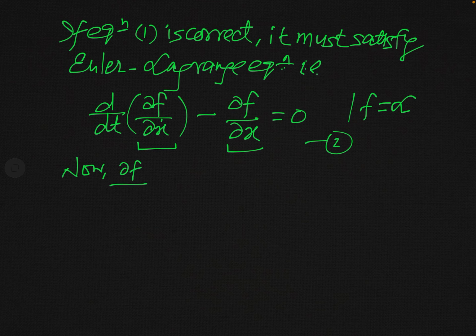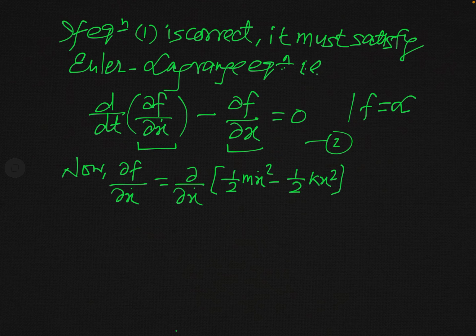Del f by del x dot: f is simply the Lagrangian, one over two m x dot square minus half k x square.